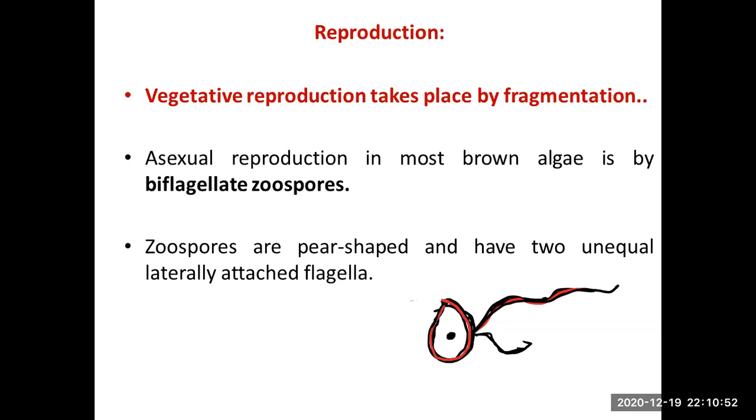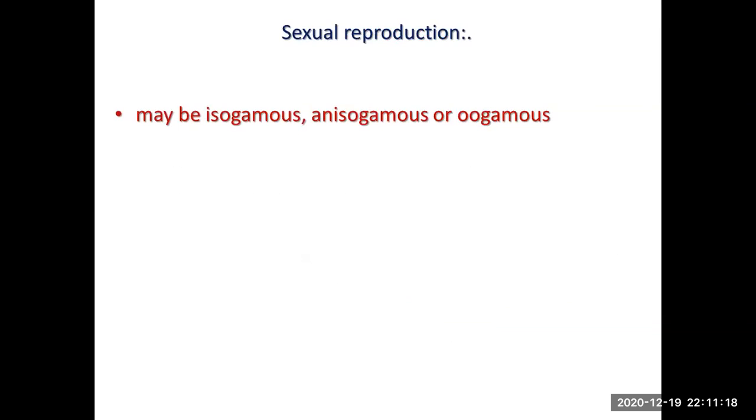Sexual reproduction may be oogamous, anisogamous, or isogamous. Sexual reproduction in brown algae may be isogamous, anisogamous, or oogamous.